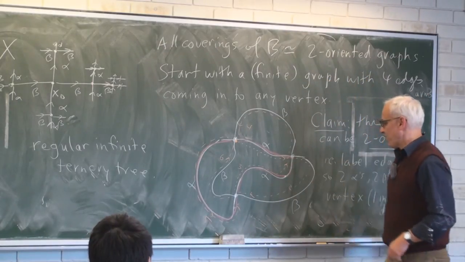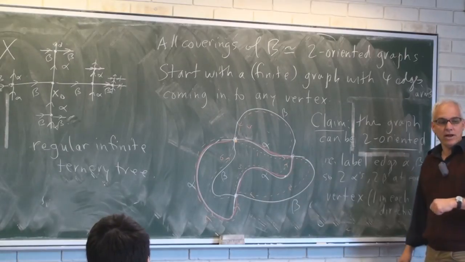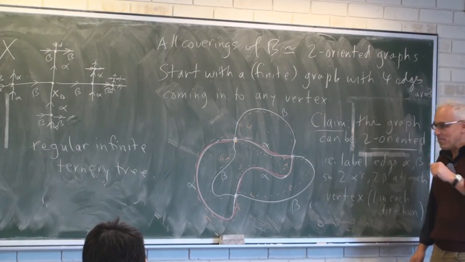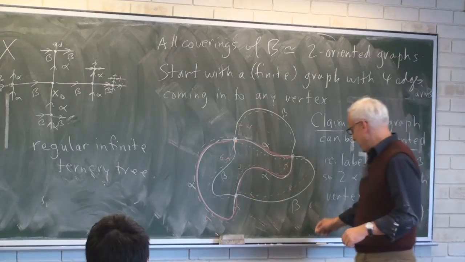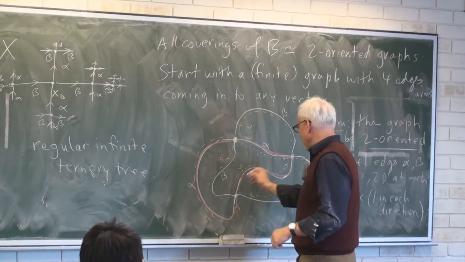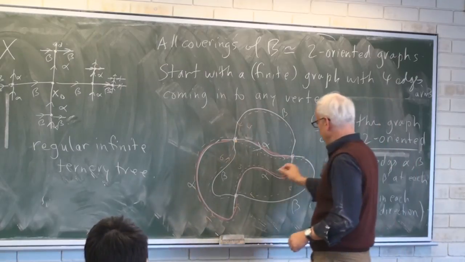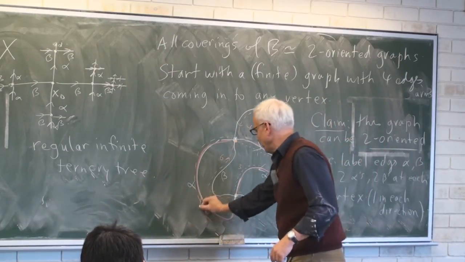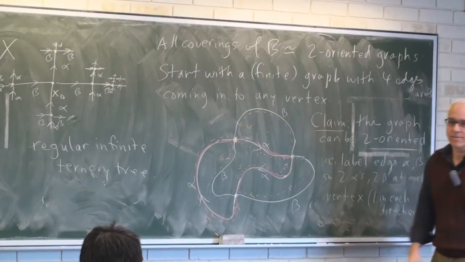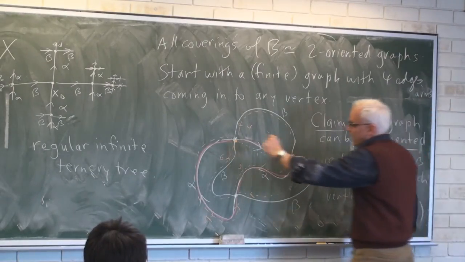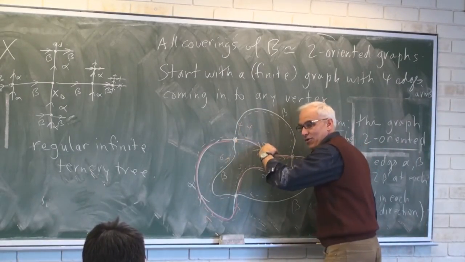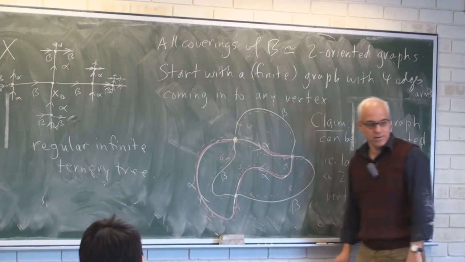We're going to label them all in the same direction, so that we're going around each circuit in the same direction. So we'll arbitrarily say we're going that direction in alpha, that direction alpha, and that direction alpha. That will ensure that at any vertex, there's one alpha going out and one alpha going in.